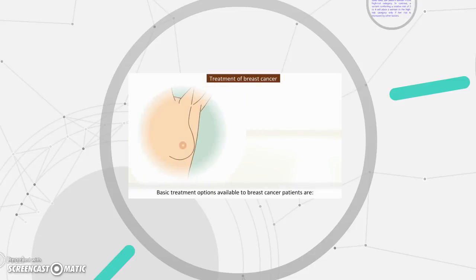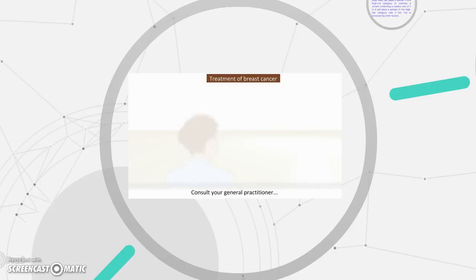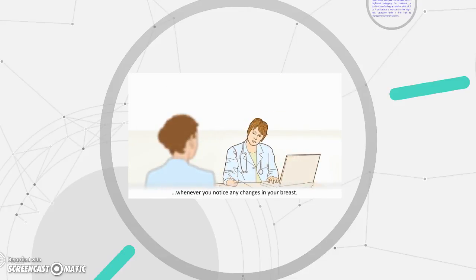Basic treatment options available to breast cancer patients are surgery, which involves the removal of the cancerous tissues, radiation therapy, that aims to destroy cancer cells by the use of high-energy rays, and chemotherapy, which treats breast cancer with medications. Consult your general practitioner whenever you notice any changes in your breast. He or she can examine you and refer you to a specialist if necessary.